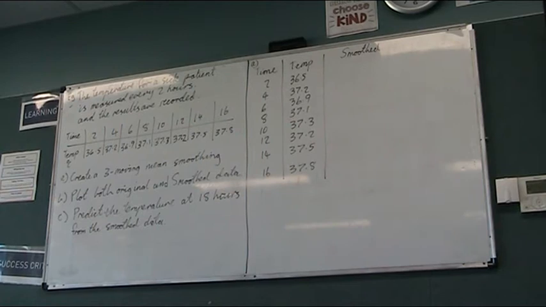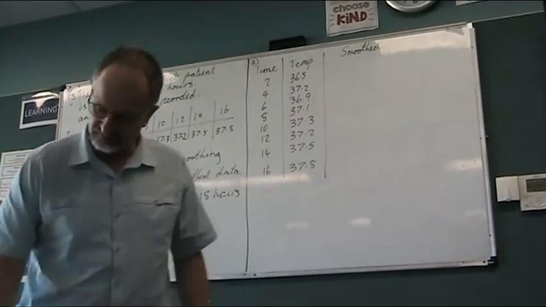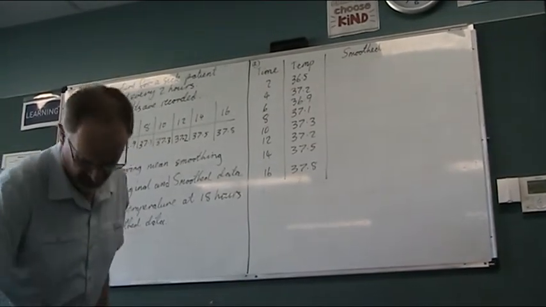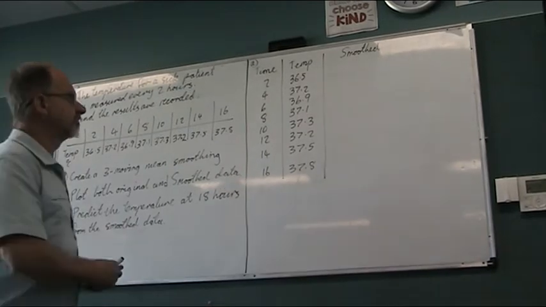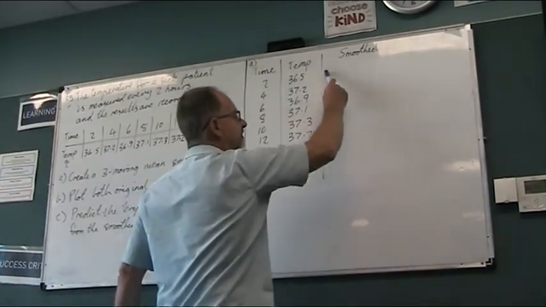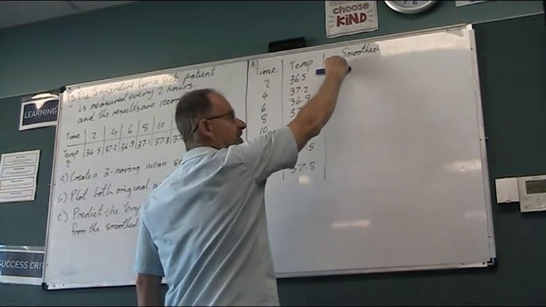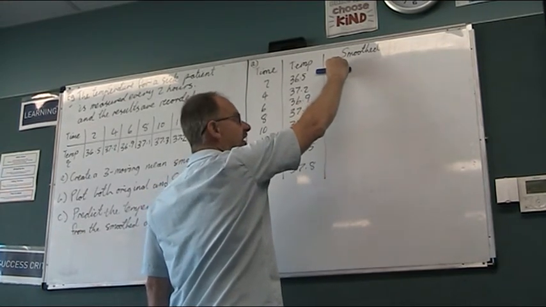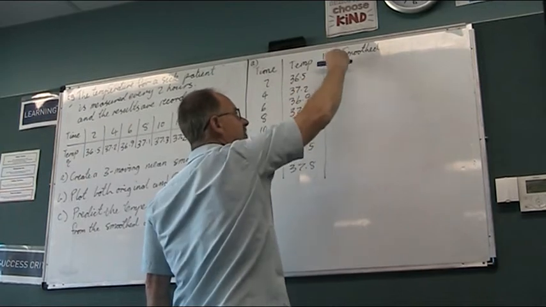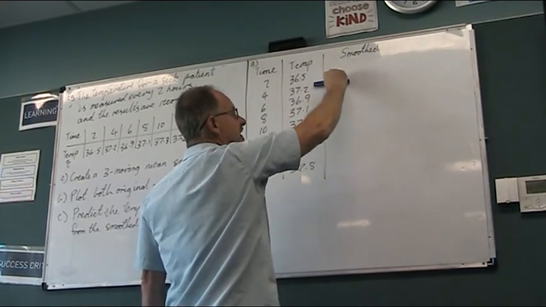Alright, so this then gives us some working space to do our smoothing. So this first one here, it's not possible to smooth here because if we're using 2 hours as our middle value, we don't have a value prior to that. So we need to move here.